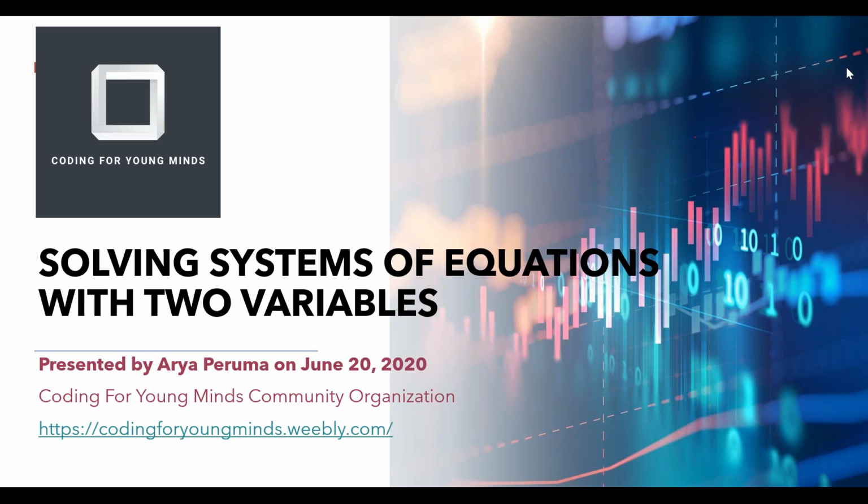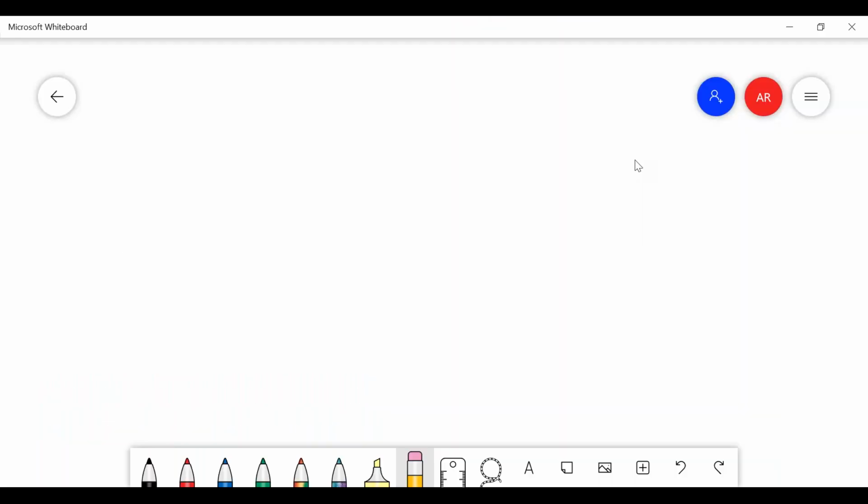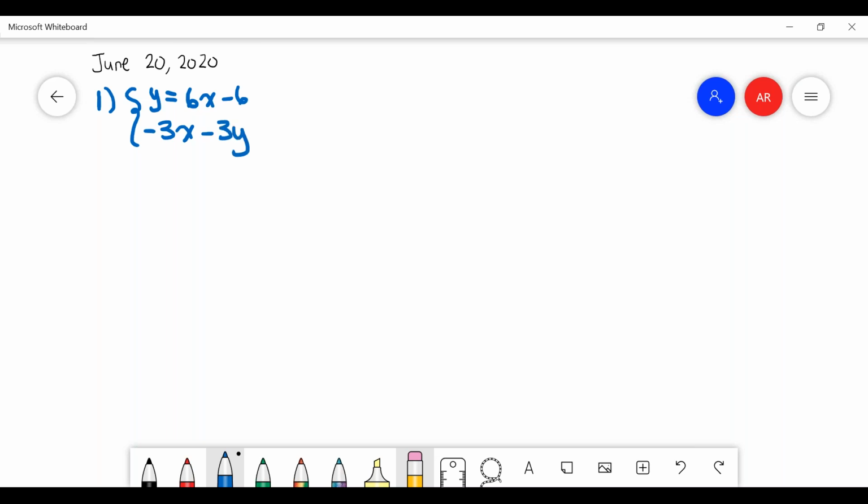So with this, let's get started with our very first question, which we will be solving using the method of substitution. Okay, so the very first problem we will be looking at today is y equals 6x minus 6 and negative 3x minus 3y equals negative 24.